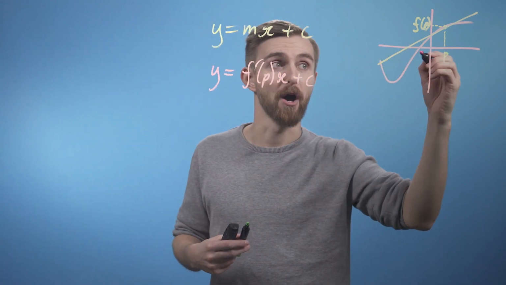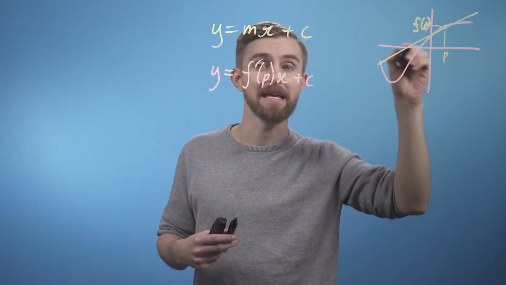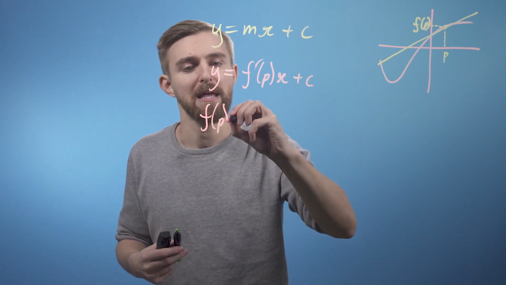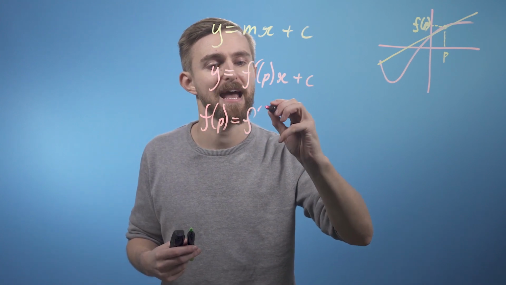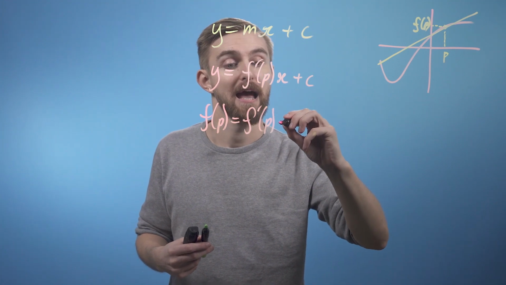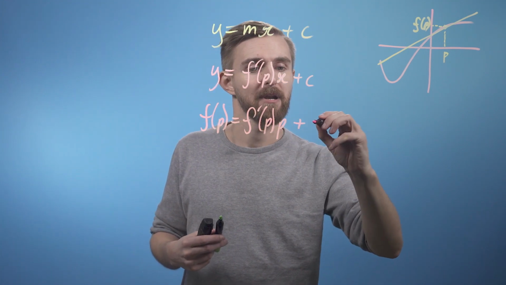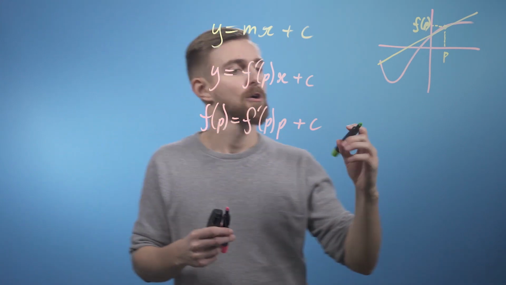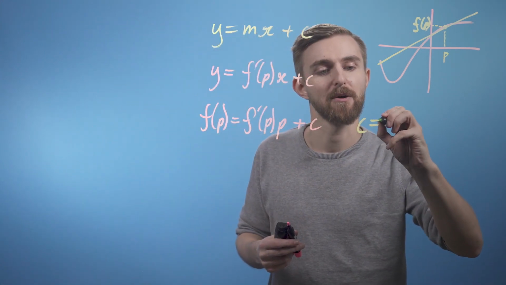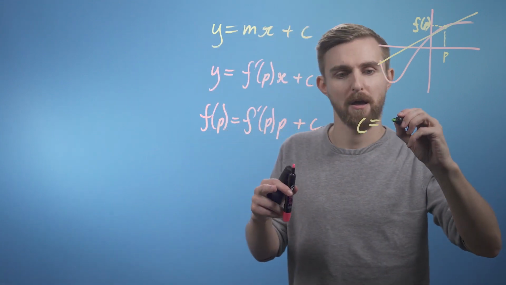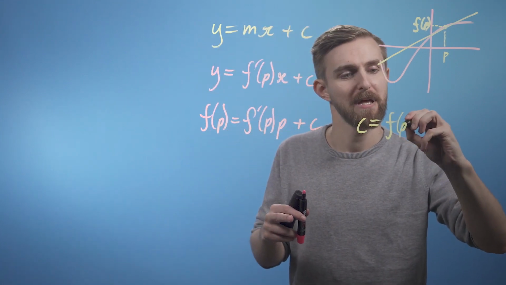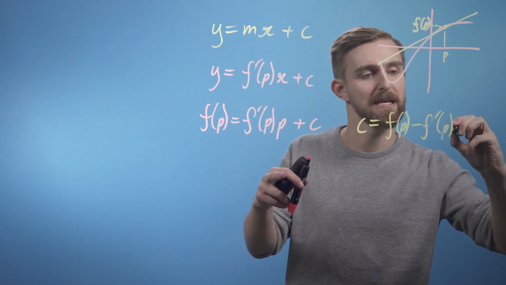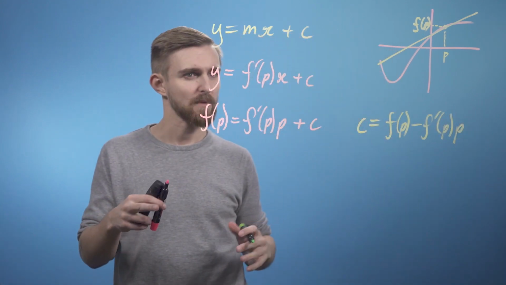But we do know a point on our line. It's the point p, f of p. So we just sub these in. f of p equals f dash of p at p plus c. Rearranging for c, we can just see that c is going to equal f of p minus f dash of p at p.